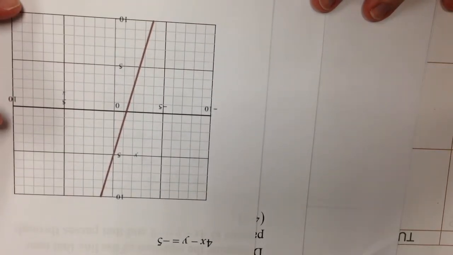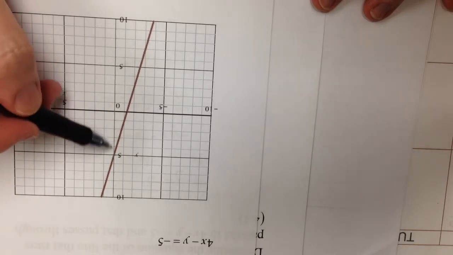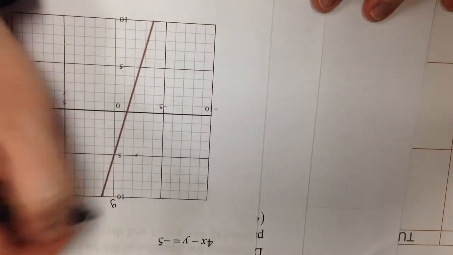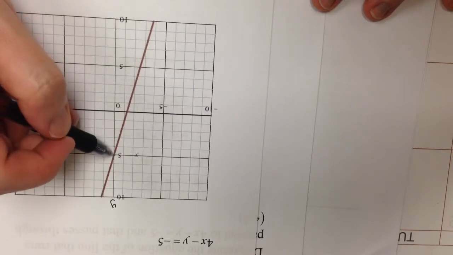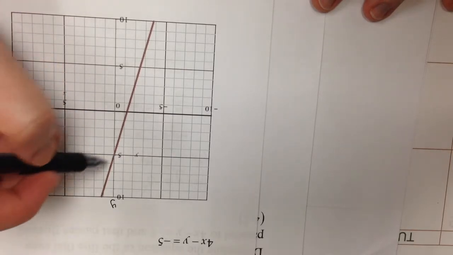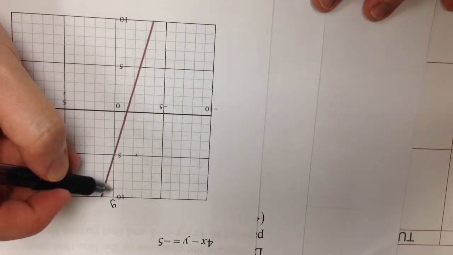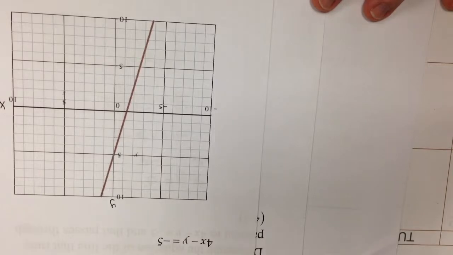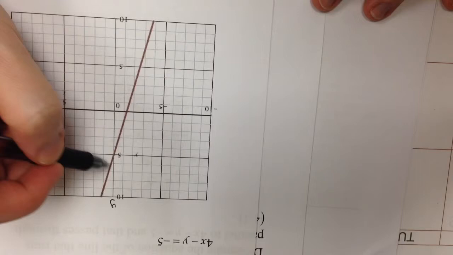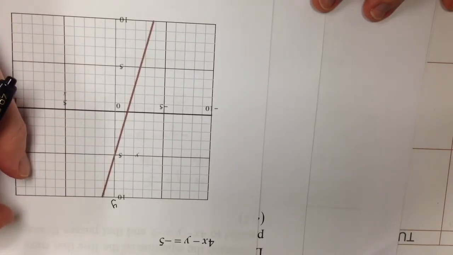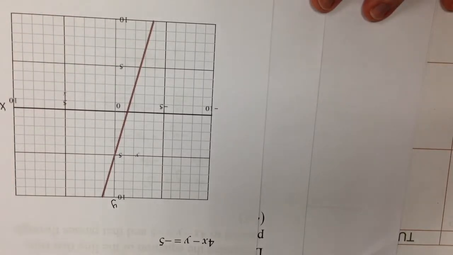For this graph, we have the x-axis and the y-axis, and the y-intercept located at (0, 5). To see that we have a slope of 4, you're looking at going up 4 units for every run where the horizontal change is 1. So you have going up 4, to the right 1. So we have the graph of 4x minus y is equal to negative 5 to be this particular straight line.